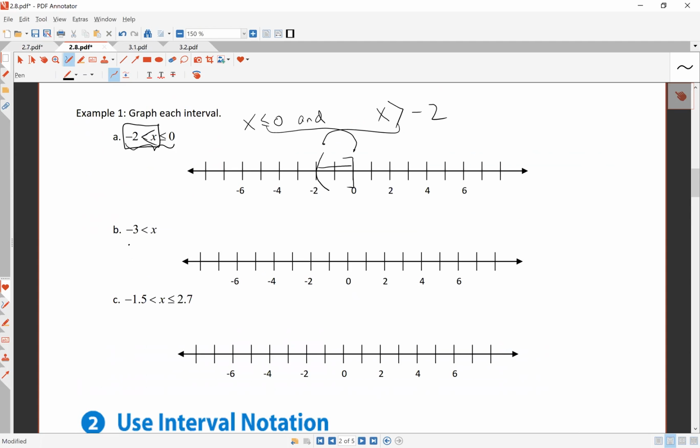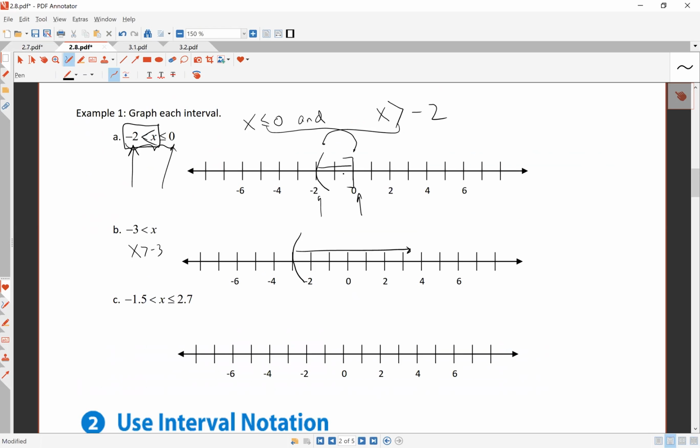Negative 3 is less than X, or X is greater than negative 3. So it's everything to the right of negative 3, but it's a parenthesis on the negative 3 to show that we don't include it. And then letter C, what you should have gathered from A is that that's the left-hand point, the negative 2, and that's the right-hand point, 0.